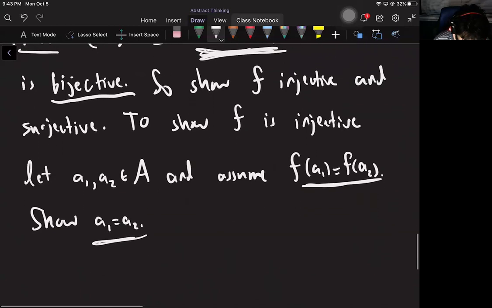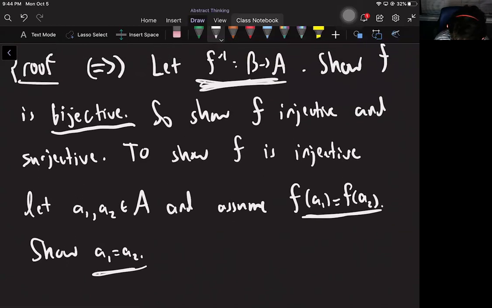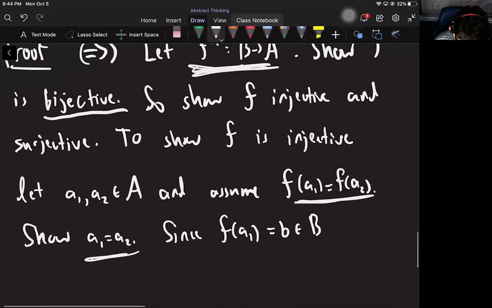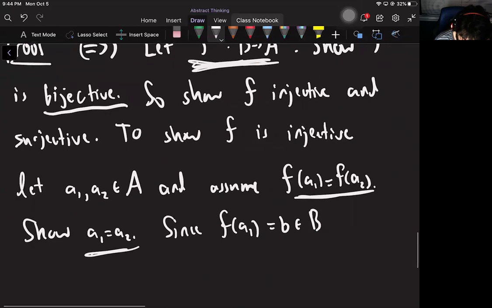And I think I know how. So since f of a1, well, when I plug something from A in, that means the result is in B because A goes to B. So I'm just going to name what it goes to, just so I can use it for a second. But that equals f of a2 as well.